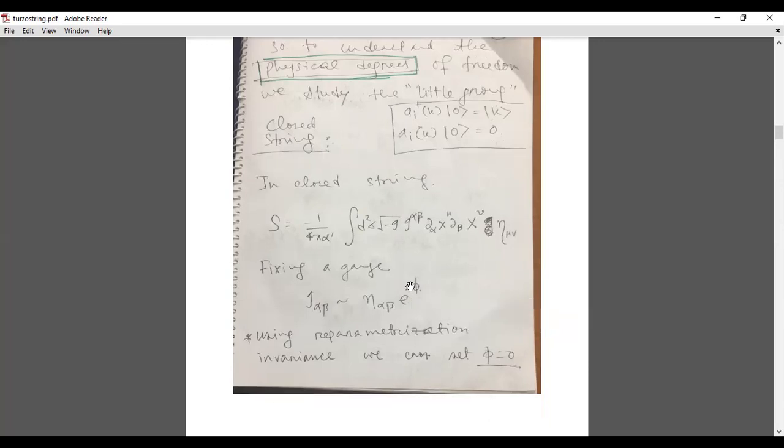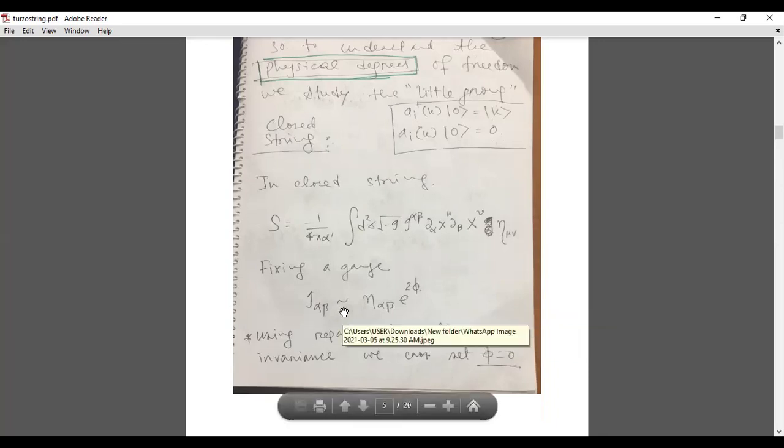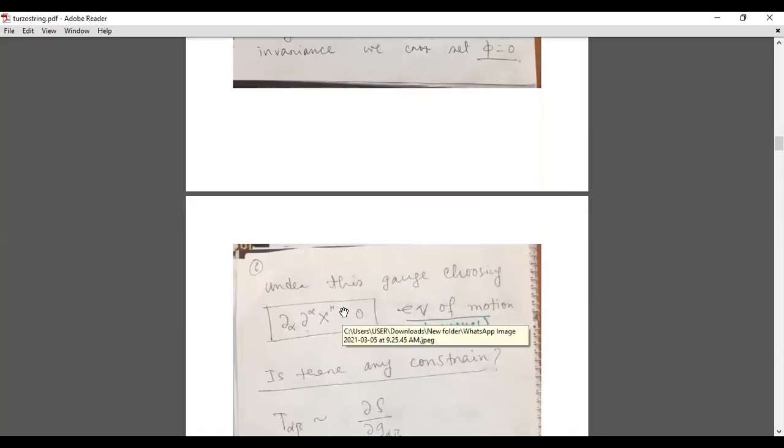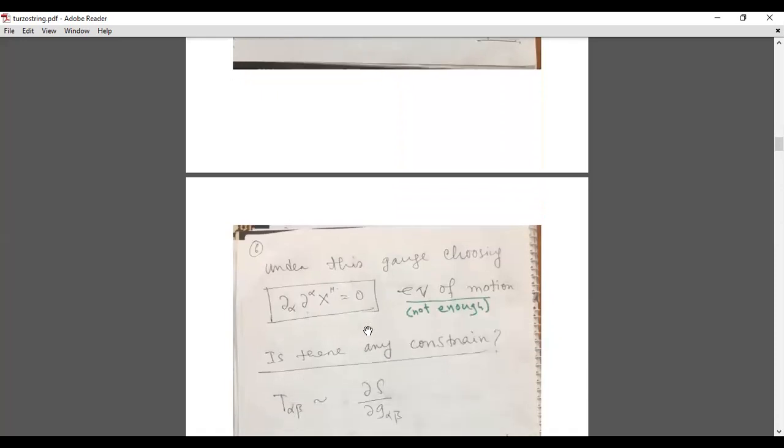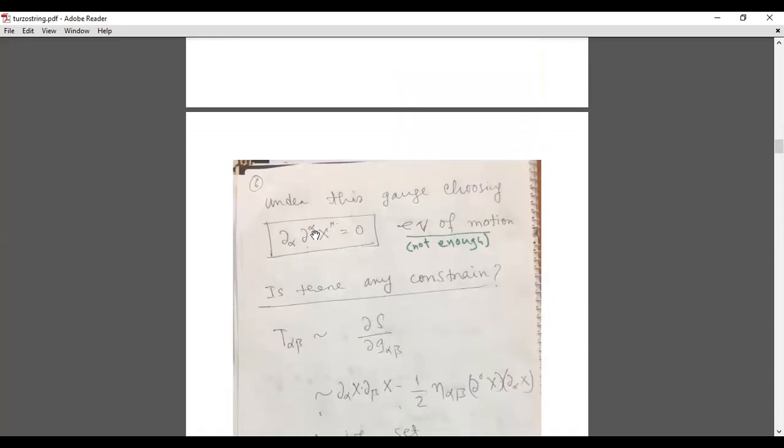If you do that, then you're exhausting all your gauge degrees of freedom here. So this Polyakov action is quite special. It has a reparameterization symmetry, but we are using it to make our life simple. Once we do, the equation of motion is also quite nice. It's almost like a vector field, right? This is almost like a vector field.